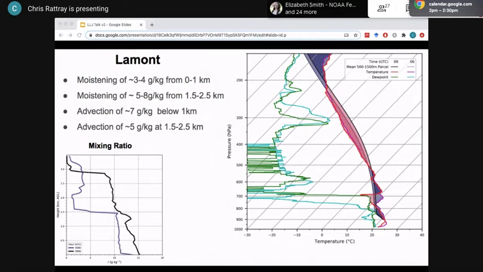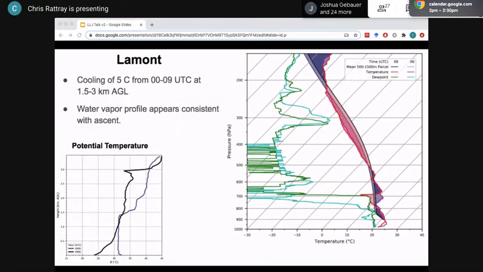The red line is the 9 UTC temperature, the purple line is the 6 UTC temperature, the green line is the 9 UTC dew point, and the blue line is the 6 UTC dew point. So you can clearly see that there's a lot of moistening and cooling going on below 700 millibars.